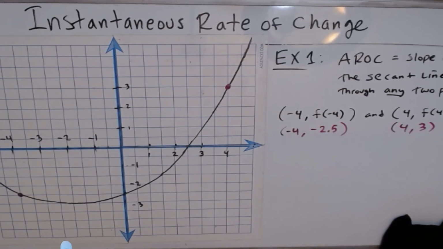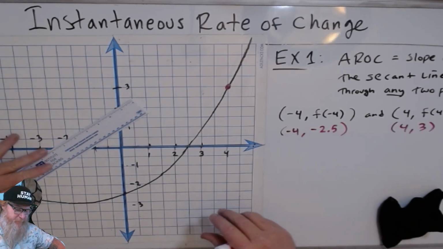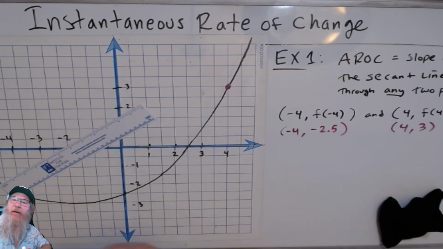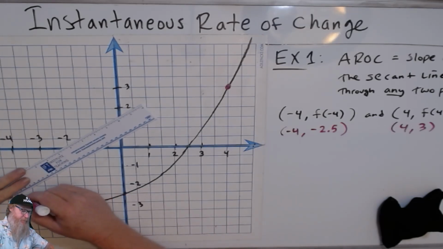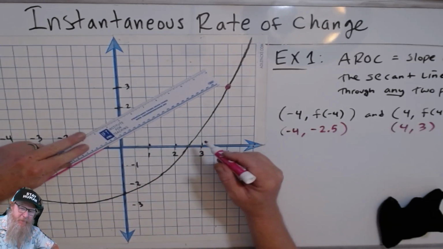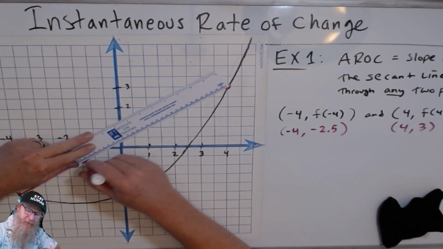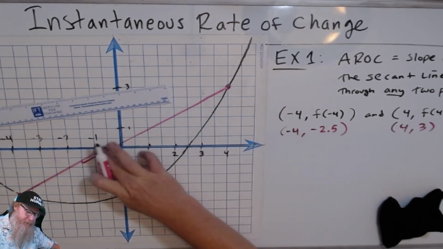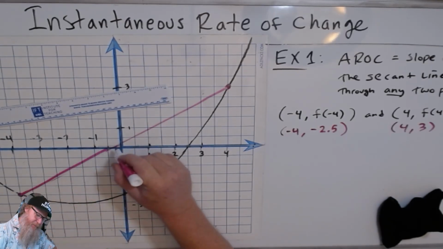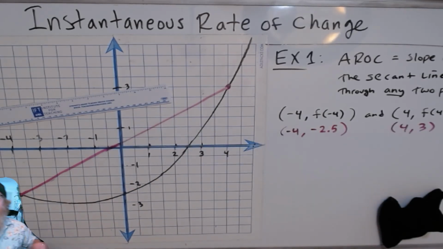So that'll be our first secant line. My ruler is going to be long enough to make it all the way there. It's not perfect, but you get the idea. I'm going to need a bigger ruler. I've got one in my office. Anyway, you get the idea, right?